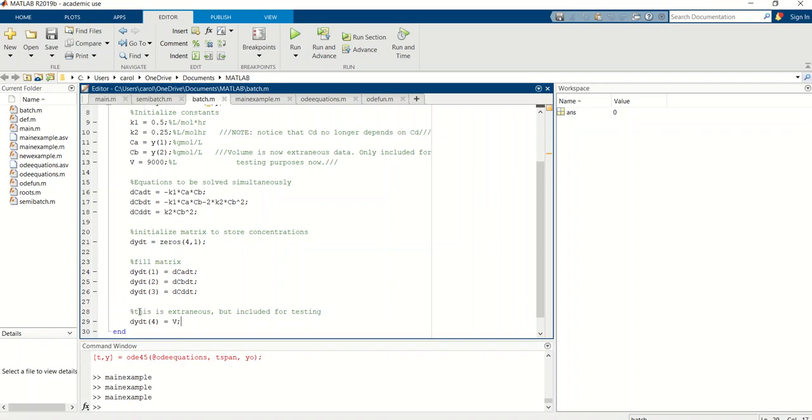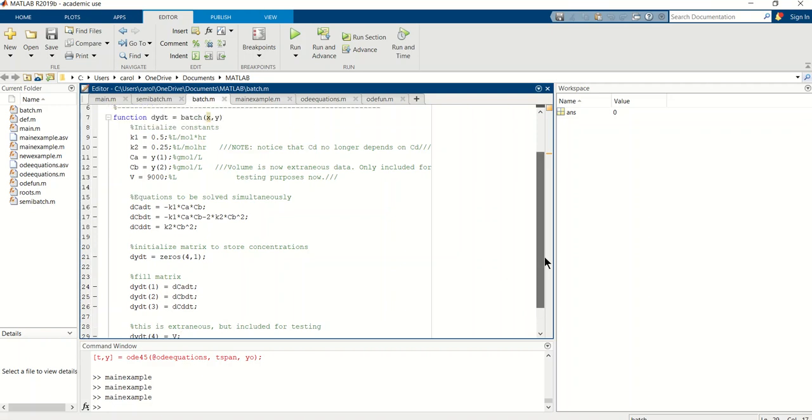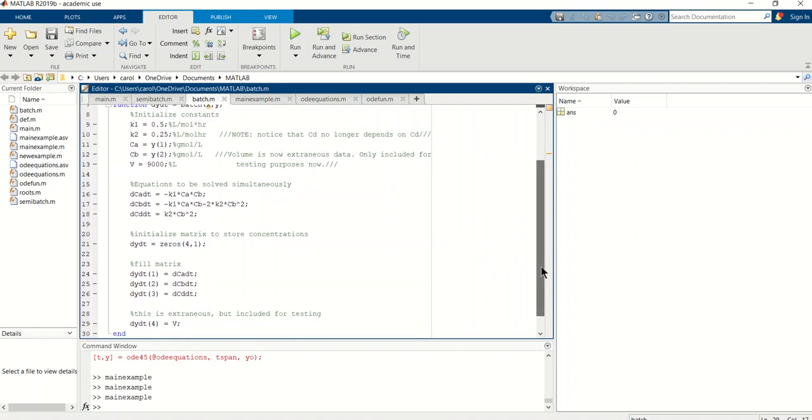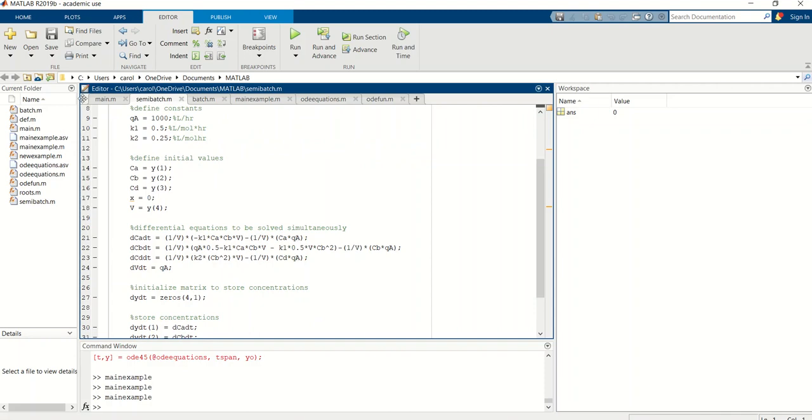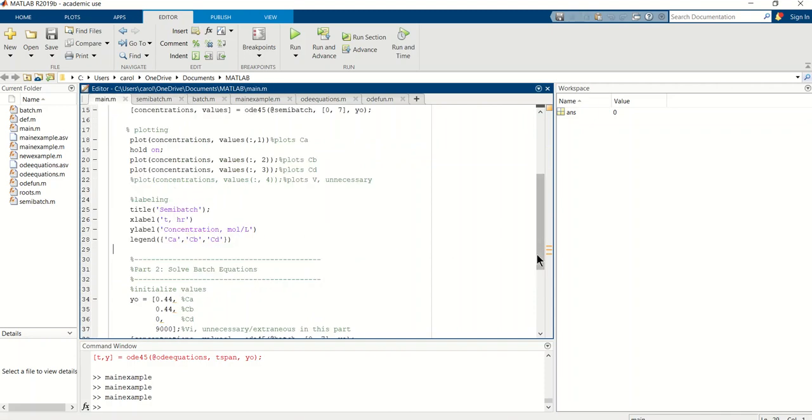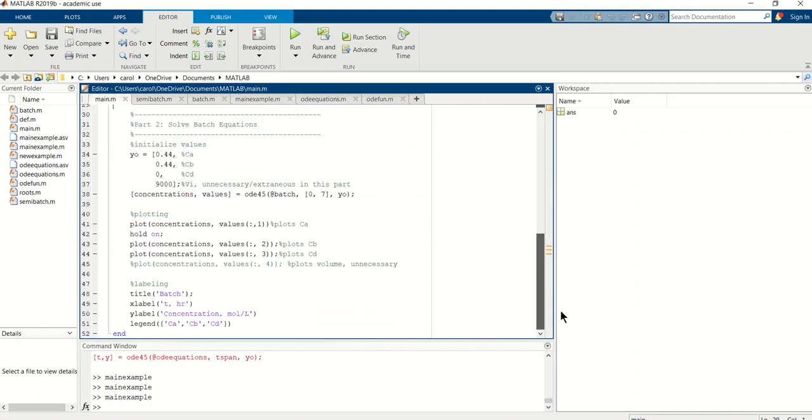And whenever I look at my code here, going back, I can tell this is extraneous. I didn't need to graph, or I didn't need to output this too, but I did it because I used it for testing. So if I run my original equations here, here's my original code whenever I did this assignment.